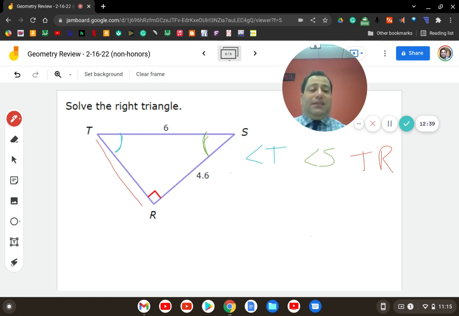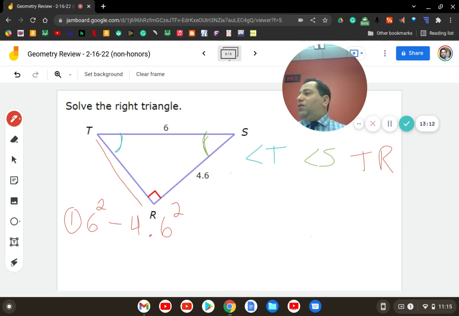Let's start with the missing side, TR. Because I know two sides of the right triangle, I can use the Pythagorean theorem to find the missing side. Because the side that's missing is a leg, the subtraction method of the Pythagorean theorem is the one I'm going to use. So step one is to subtract the hypotenuse squared from the side that I know squared.